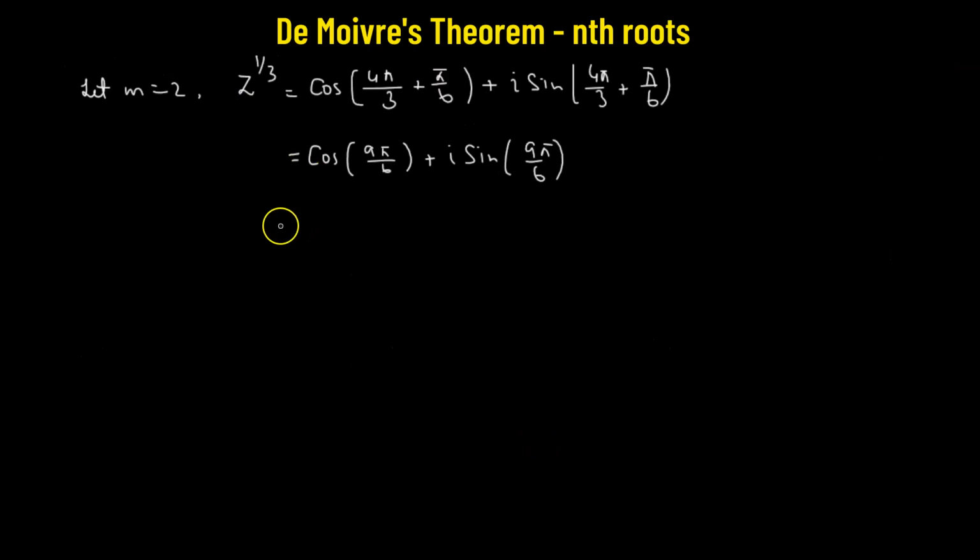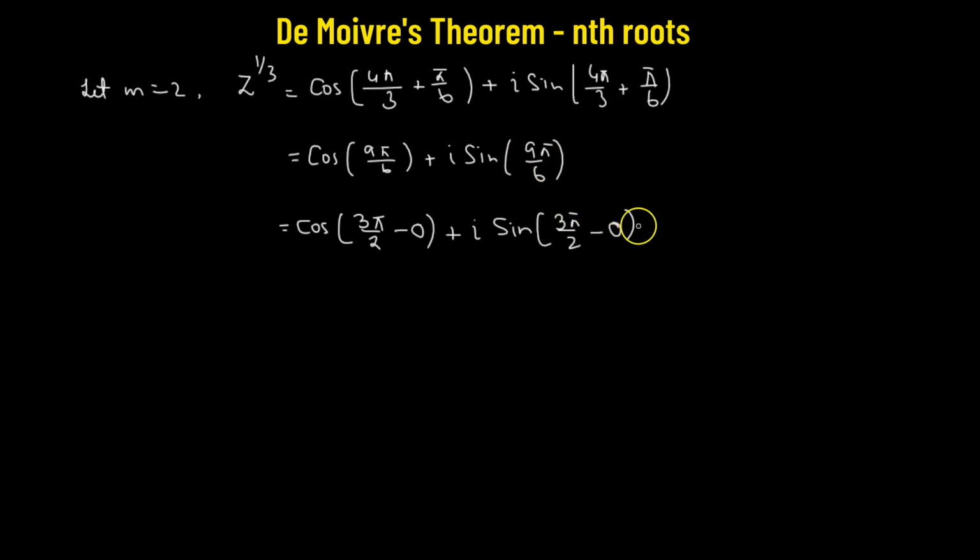Now cosine of 9 pi over 6, that simply equals to cosine of 3 pi over 2. Or we can have 3 pi over 2, let's take minus 0, plus iota times sine 3 pi over 2. So that's the reduced form of 9 pi over 6.